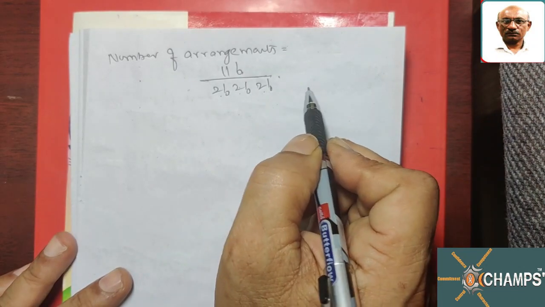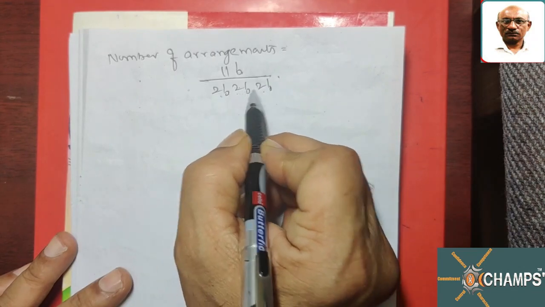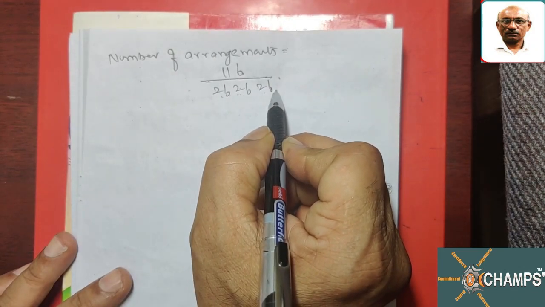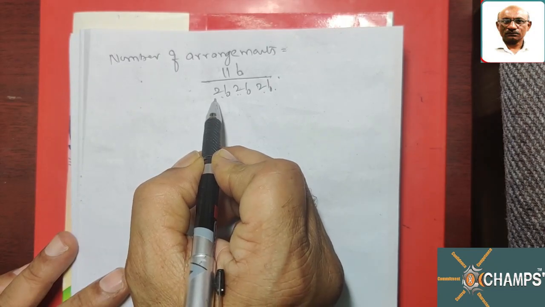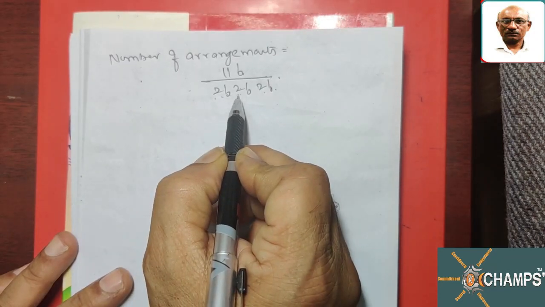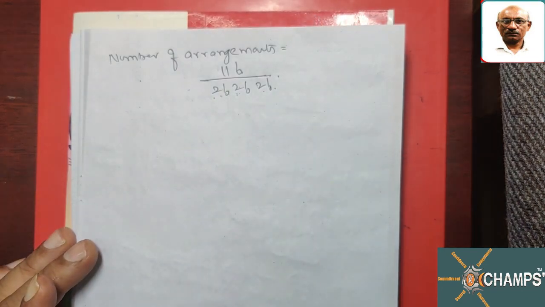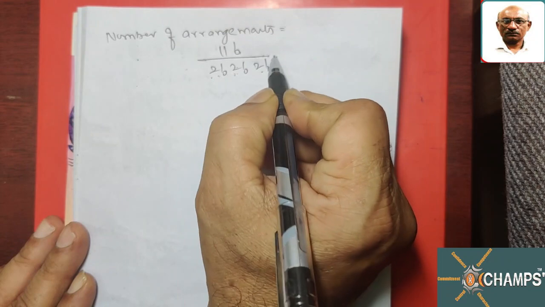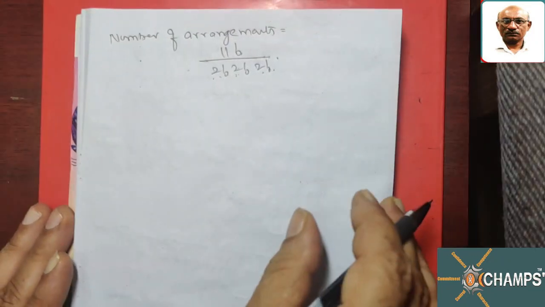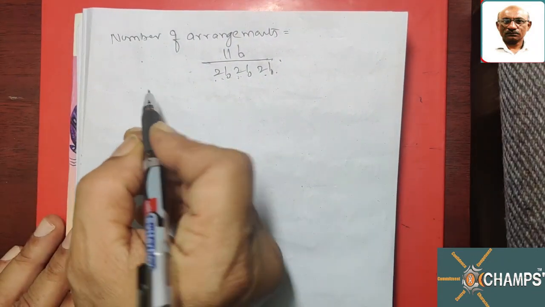This is to avoid the double counting. What does it mean actually? M is repeated 2 times, so 2 factorial. Again, T is repeated 2 times, 2 factorial. And A is repeated 2 times, 2 factorial. This is the answer to the given question.